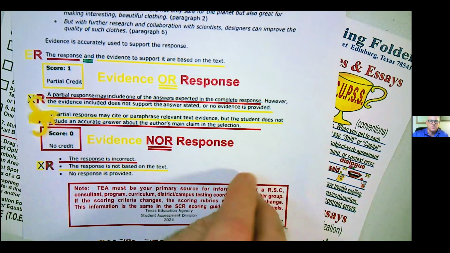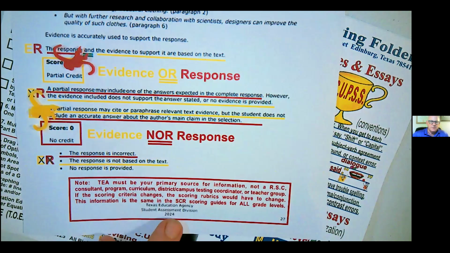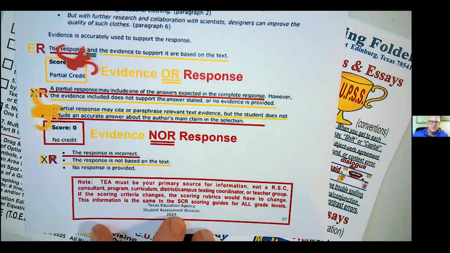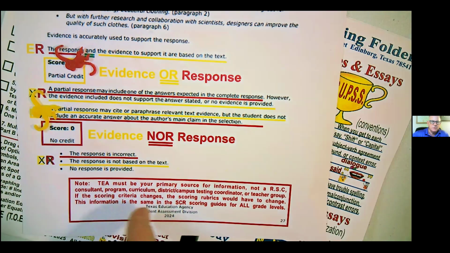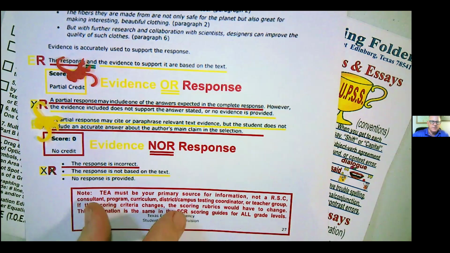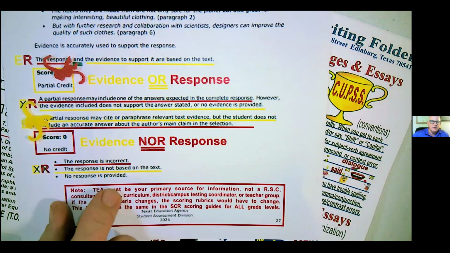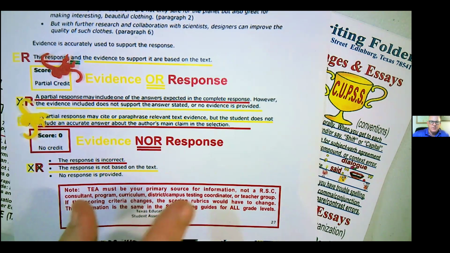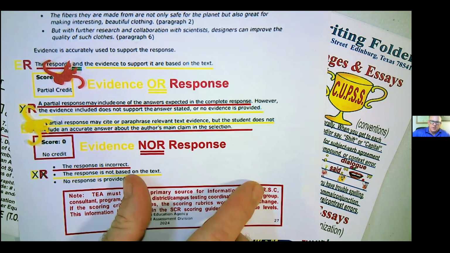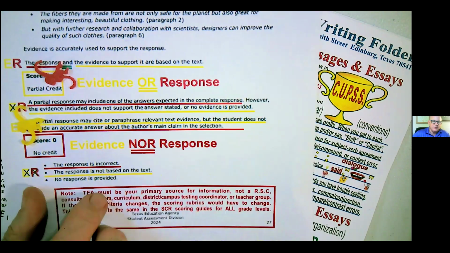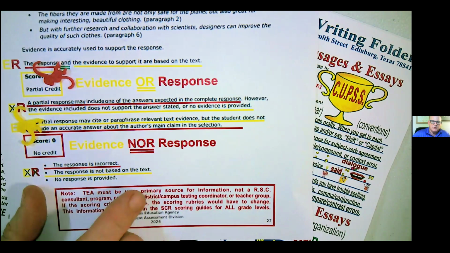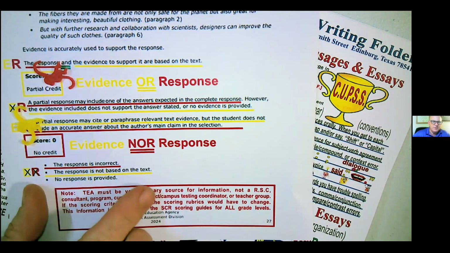And I just put this, this is the source, the Texas Education Agency Student Assessment Division from this past year's rubrics and scoring guides. My little note is that TEA must be your primary source for information, not a regional service center, consultant, program, curriculum, district, campus testing coordinator, or a teacher group.